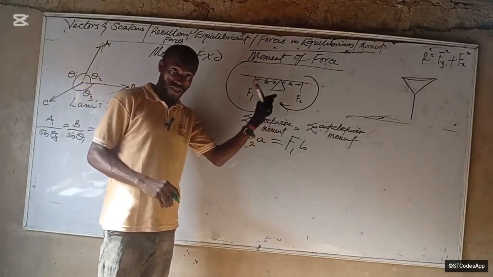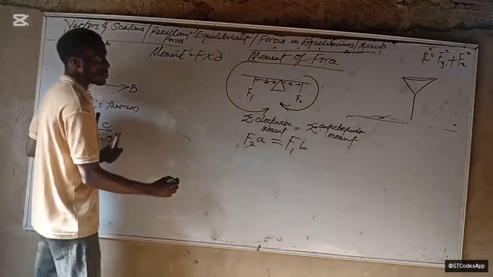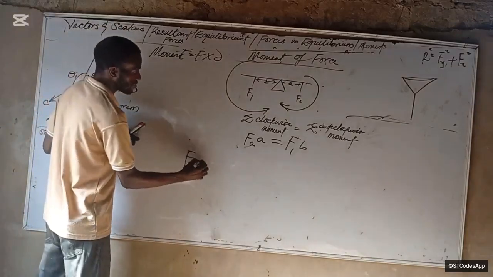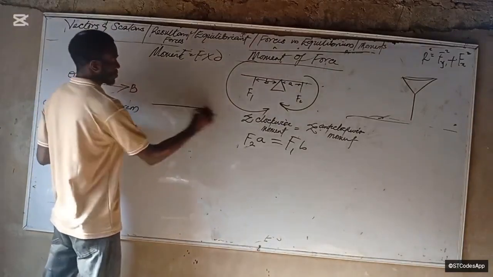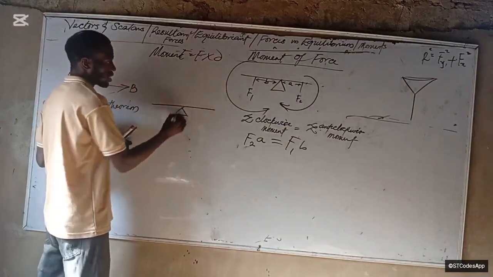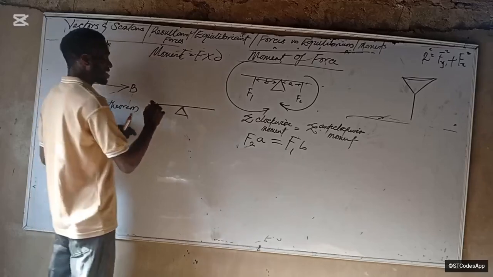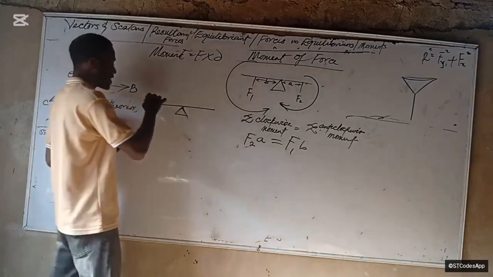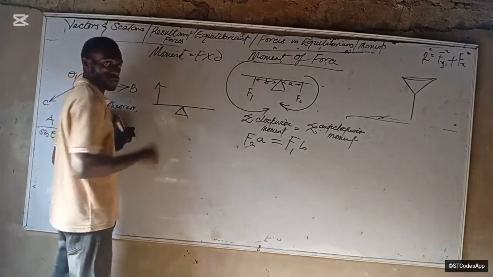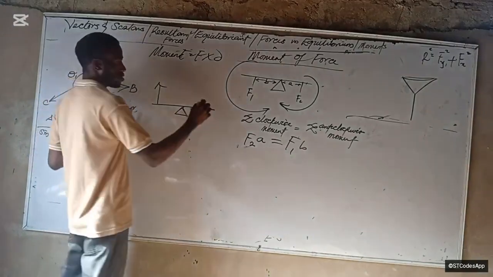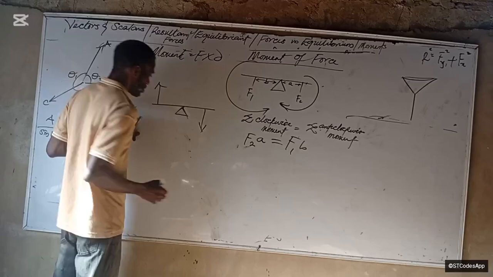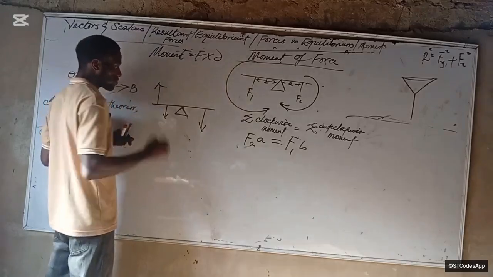Where A and B are distances away from this pivot. Is it clear? Okay. What if we now had a system like this? These are pivots or fulcrum. And there is weight acting upward here, weight acting downward here, weight acting downward here.